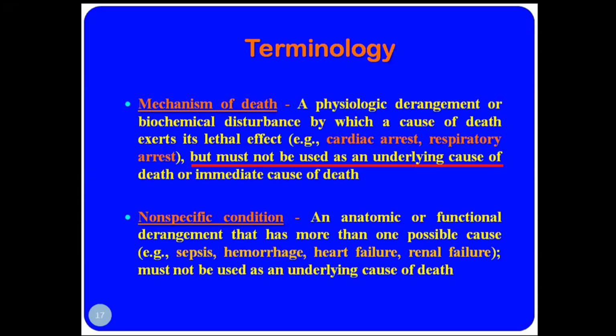Then non-specific conditions, like an anatomic or a functional derangement that has one or more possible causes. So sepsis. Now, what kind of sepsis? If you go into properly writing a death certificate, people suggest that if you write sepsis, you should be closer to it: gram-positive sepsis, gram-negative sepsis.